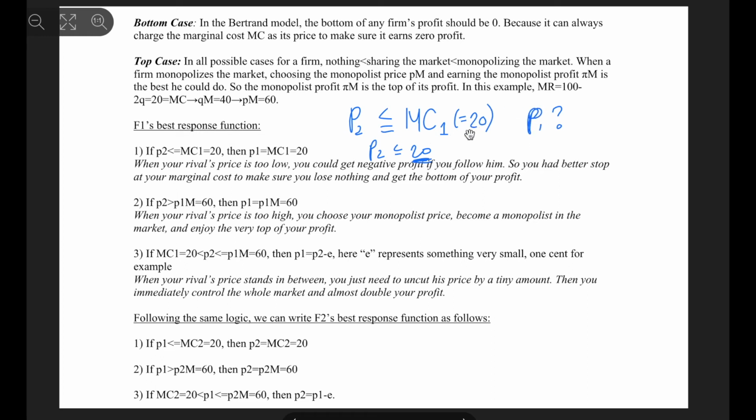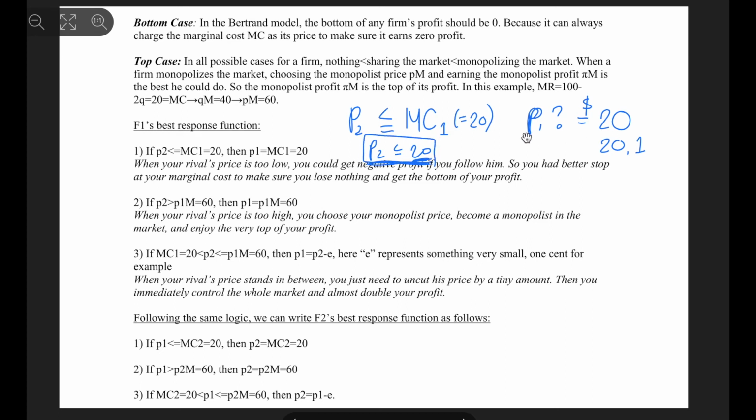No, it is the marginal cost of firm 1, right? So he has to charge $20, because if he charges even 10 cents more, who will win the game? P2 will win the game for sure.